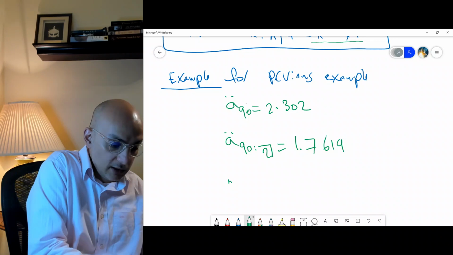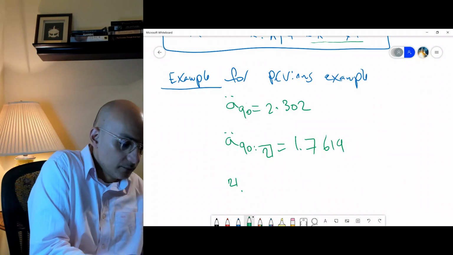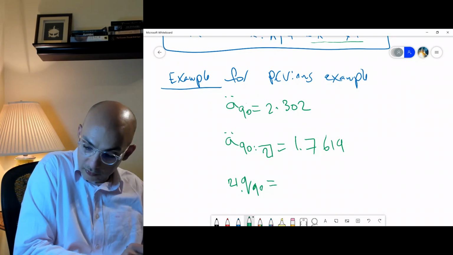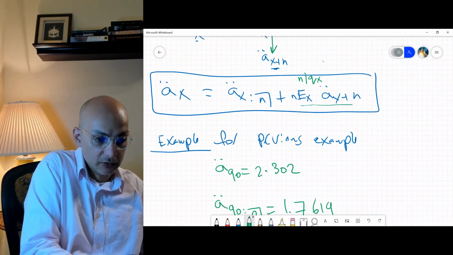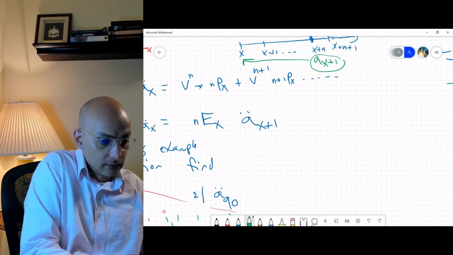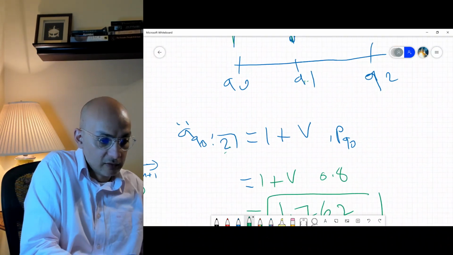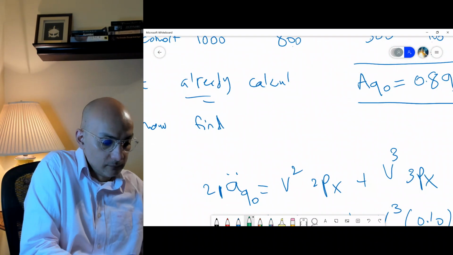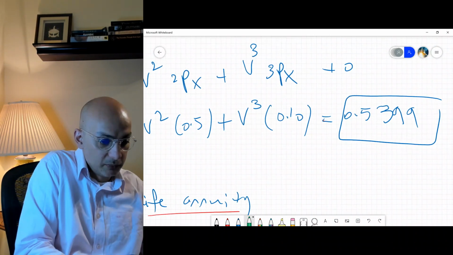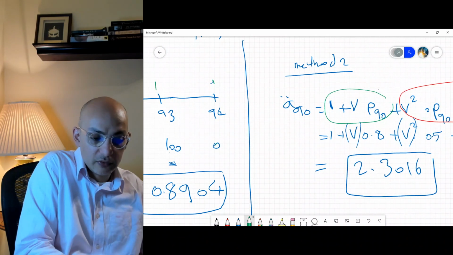We calculated 2q90, calculated it to be also 0.54. I just calculated a second ago, right? This one is 1.76. And this one is 0.5399 or 0.54, and this one 2.3016.